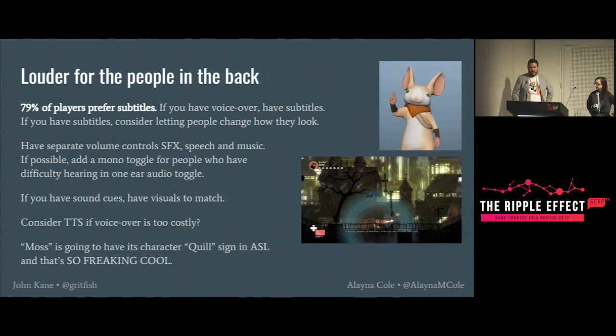Having separate controls for volume, sound effects, speech, music, you've seen those in AAA games, you know what those look like. If you can, add mono audio as a toggle, because some people have hearing difficulty only in one ear, and if your game requires directional sound, that can just totally screw up the experience for some people.